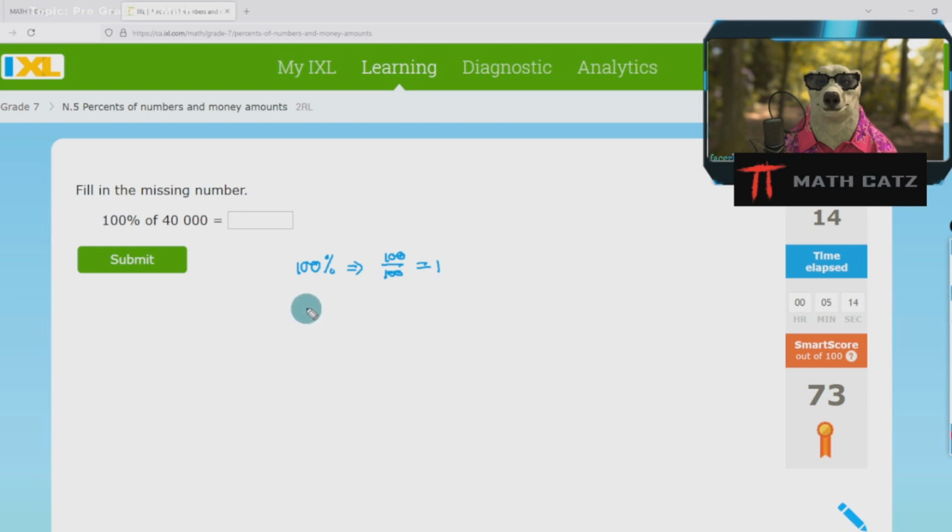And if I say fraction or portion of a quantity or a number, that "of" word is always going to be the multiplication calculation. So 1 times 40,000, what could that be? So tricky. It's just 40,000.